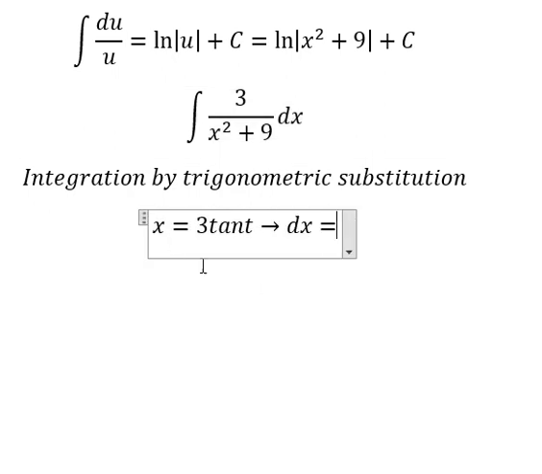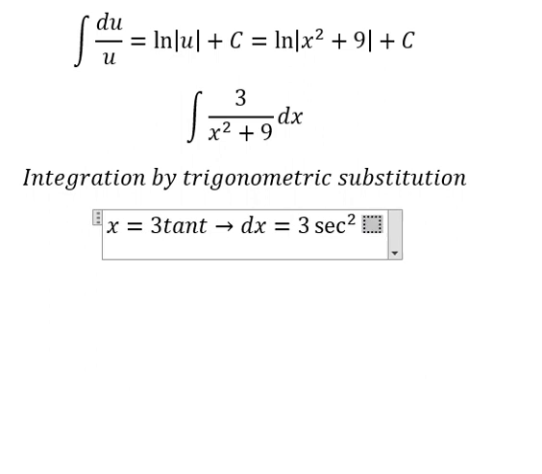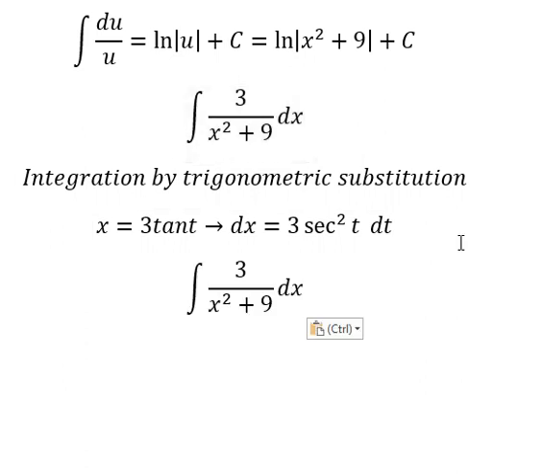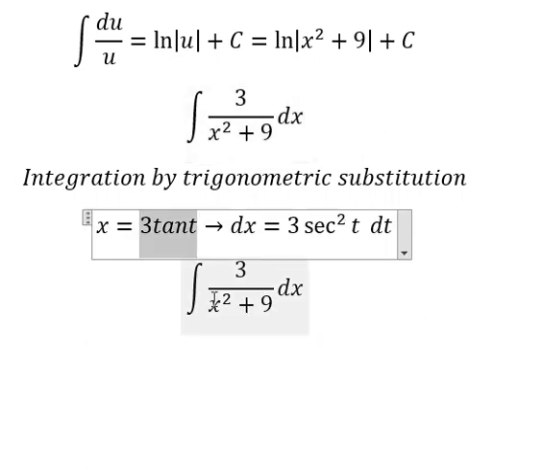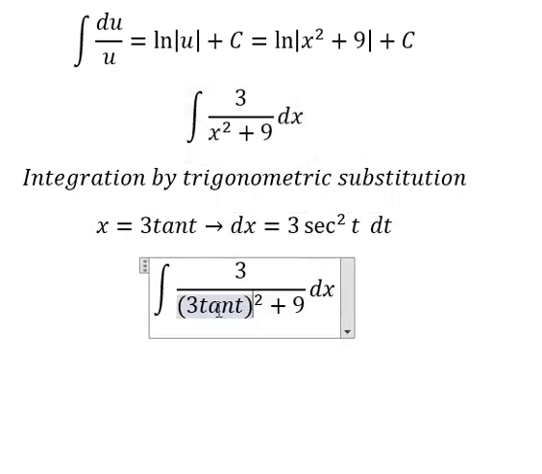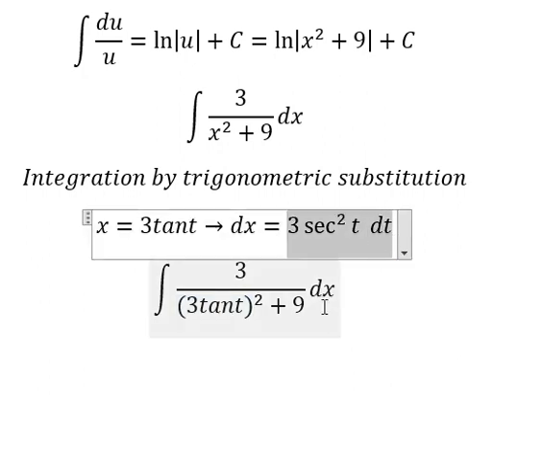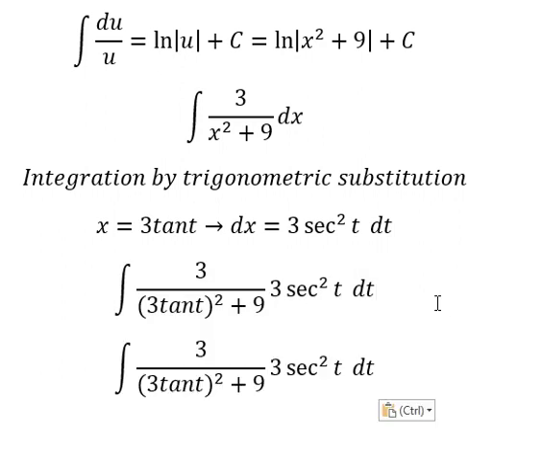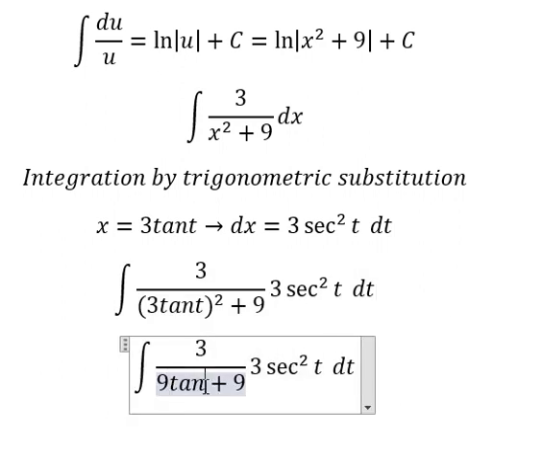Now we can first take the derivative of both sides, and we have 3 secant of t squared dt. So I will put this one here. The s is this one, so this one is 9 tan t squared.